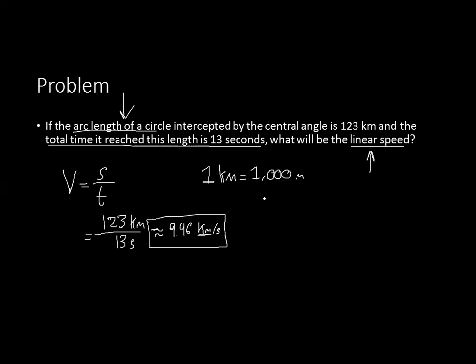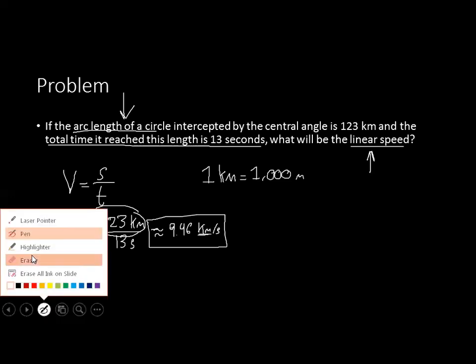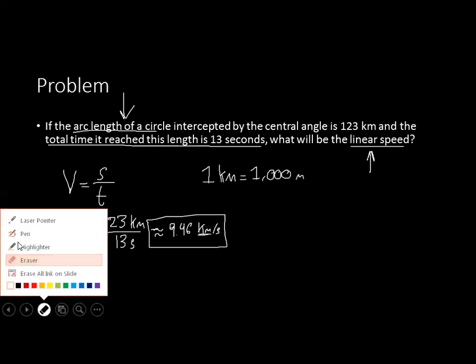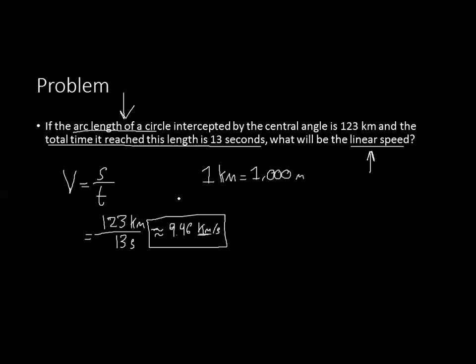Okay, so there are two ways you can convert this one. You can either convert it before you get the answer, which is basically convert this one. Then after you convert it, you can use this to find our answer. Or you can convert kilometers into meters once you get your final answer.